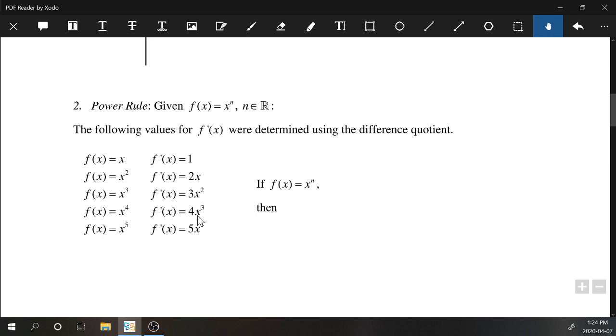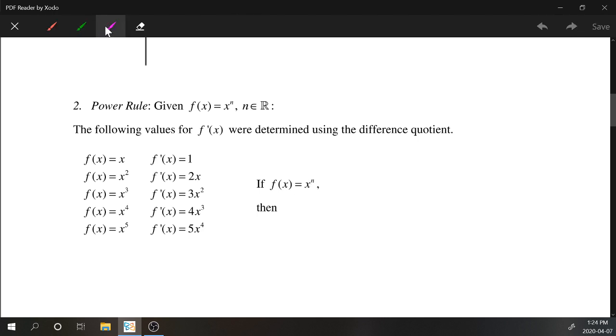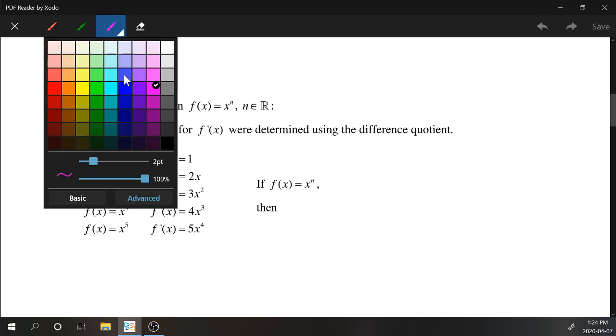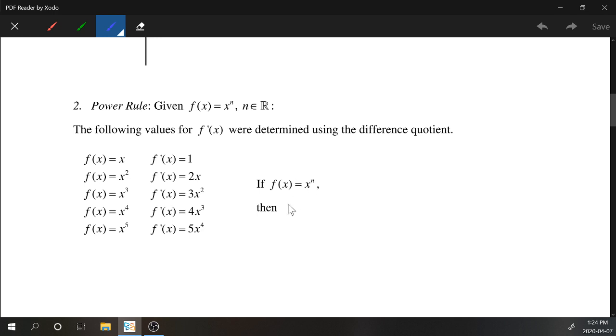So we can generalize that result by saying that if f of x is x to the n power, then its derivative would be f prime of x, which is equal to n times x to the n minus 1.